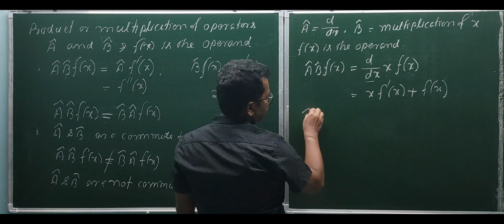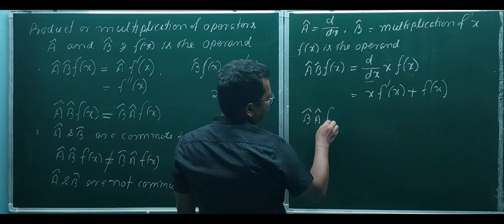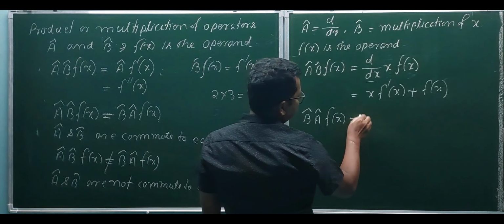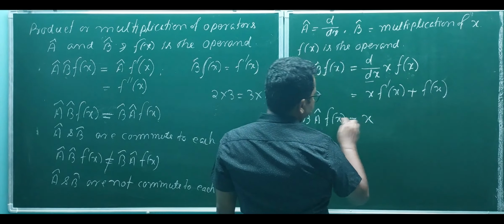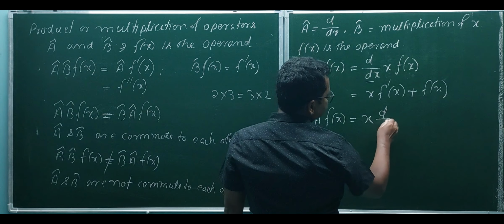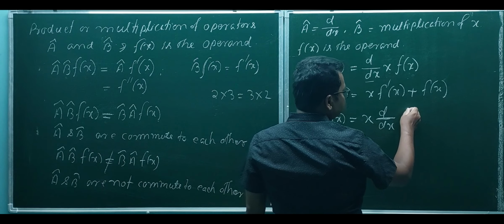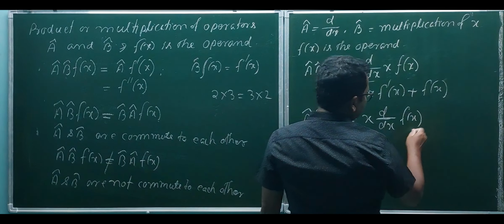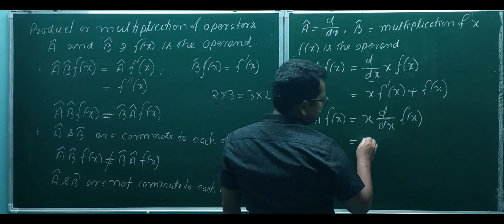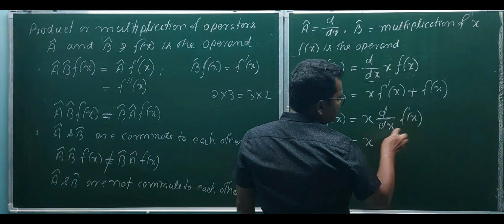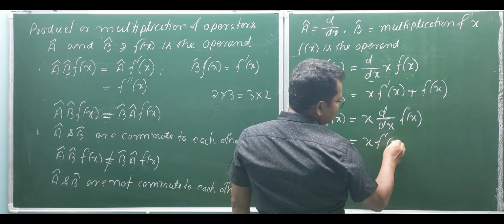Again B cap A cap f dash: what is B, what is A, d/dx. Now what is our operand f(x)? So this is equal to x into f dash x.